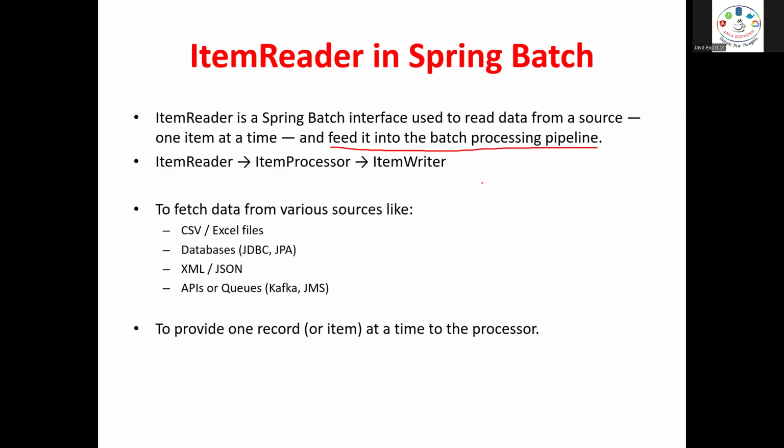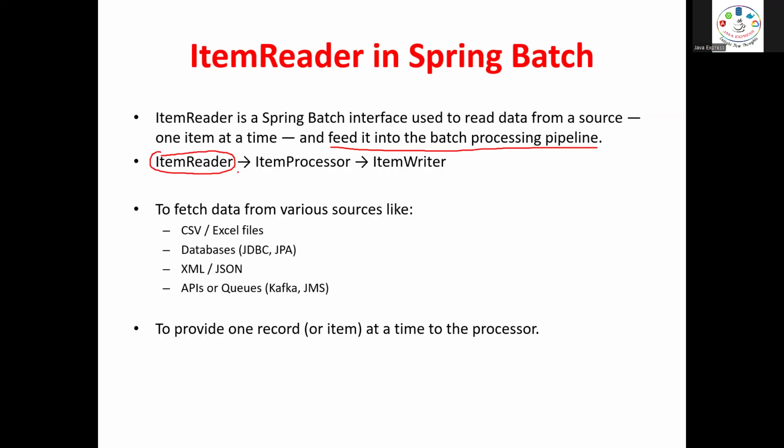Like we have a pipeline: reading, processing, and writing. The first step, reading, means item reader. This is an interface. At a time, one record or an item at a time, you are able to forward the data. It has various operations to read the data, to fetch the data from various sources like a CSV file or Excel file.